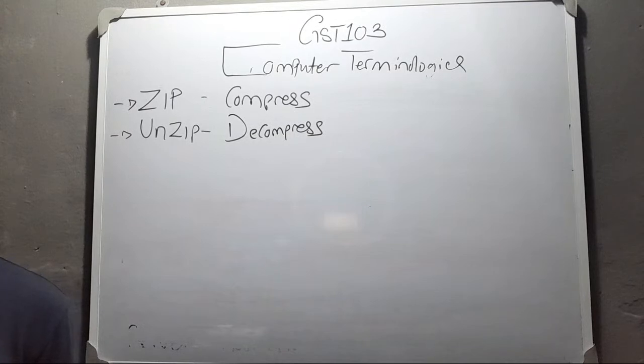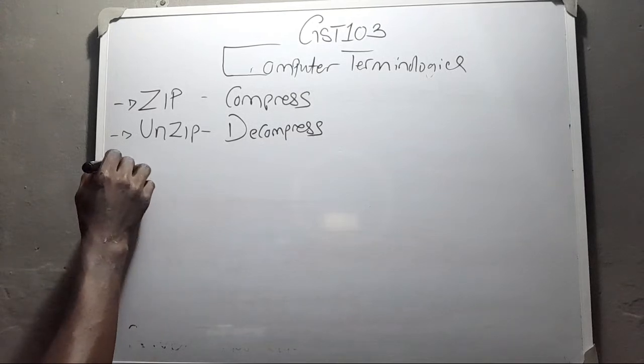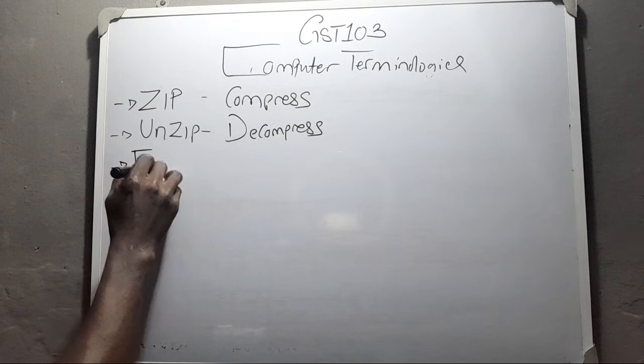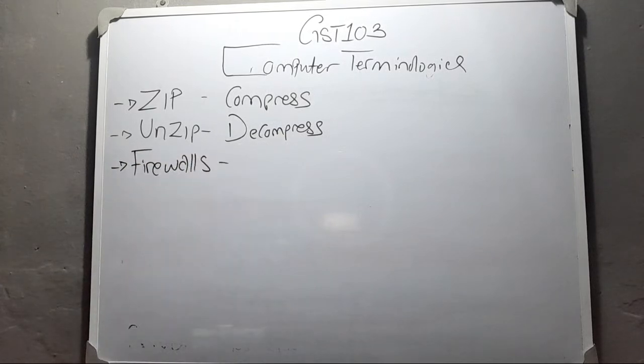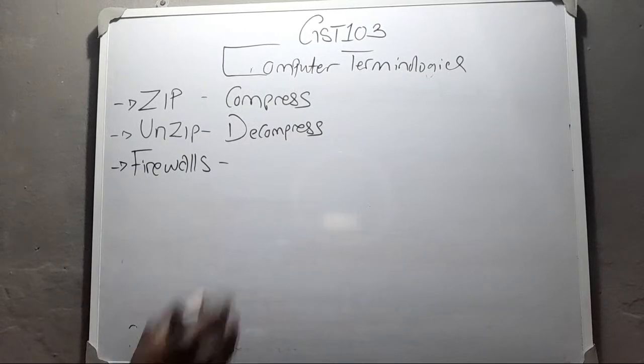So let's proceed. Now we have firewall. Firewall is said to be a gateway of a private network.